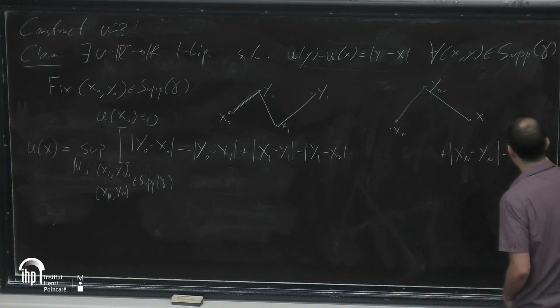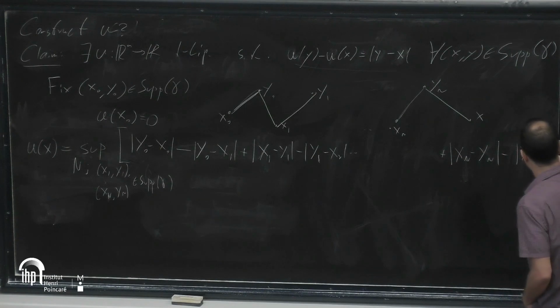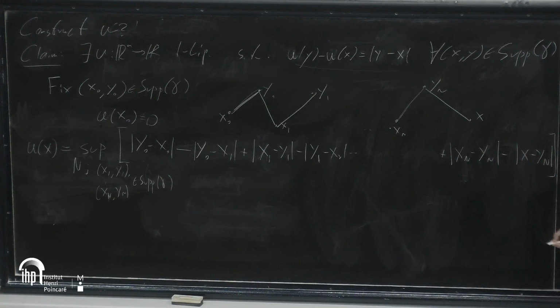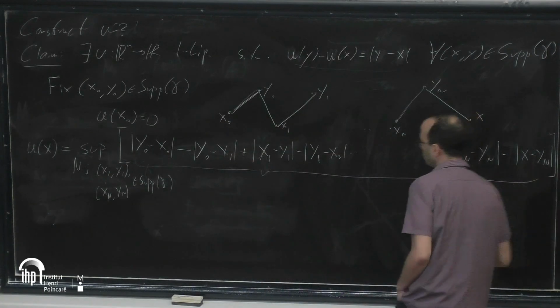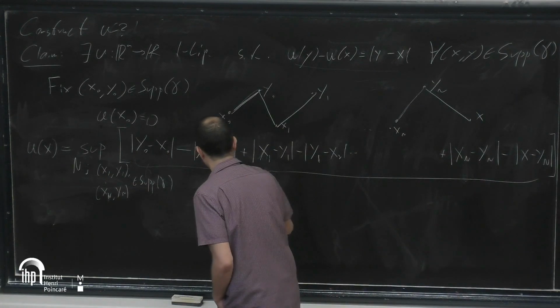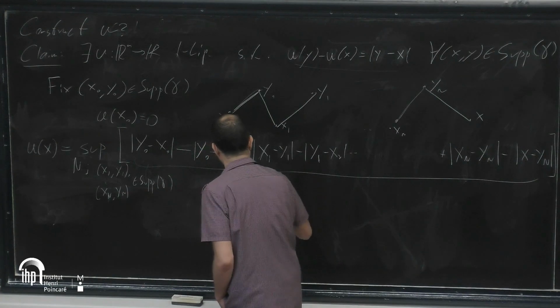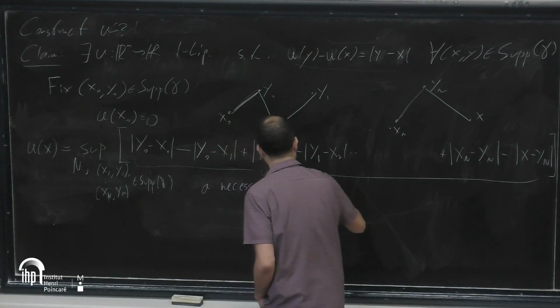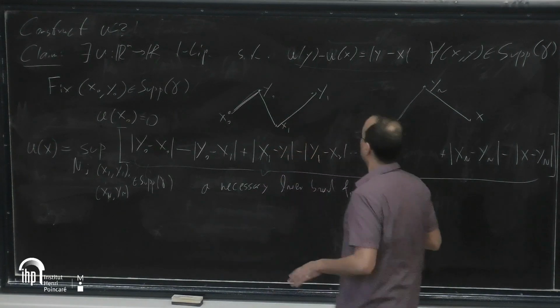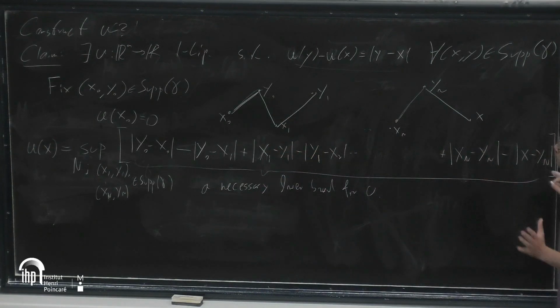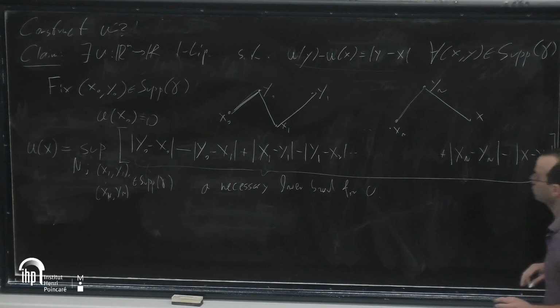And when I go back to x, I have to decrease it. So each of these is a necessary lower bound for u. I take the supremum of all these lower bounds, and I claim that this works.